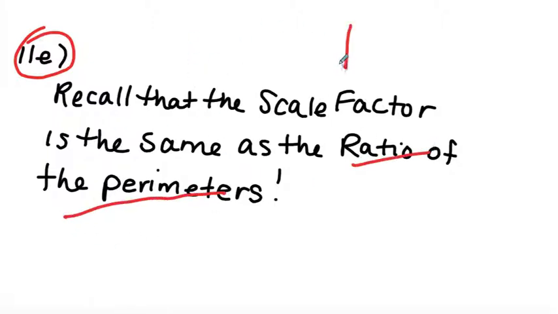So recall that the scale factor and the ratio of the perimeters are exactly the same. And so since it was going from the small to the large one in the question, it would have just been 3-to-1. No work needed. Scale factor is the same as the ratio of the perimeters. Why? Because if you use the scale factor to get each side of the figure, then they're going to be in that proportion, even when you add them.